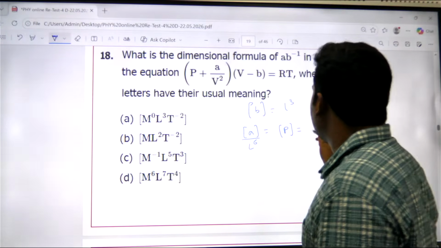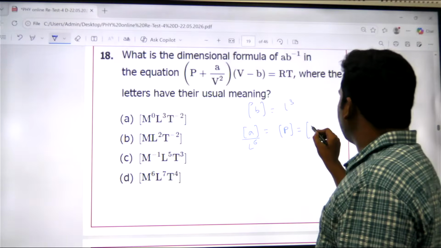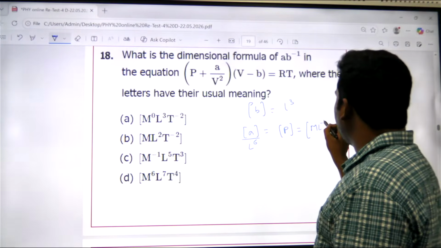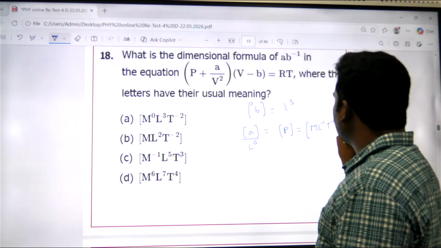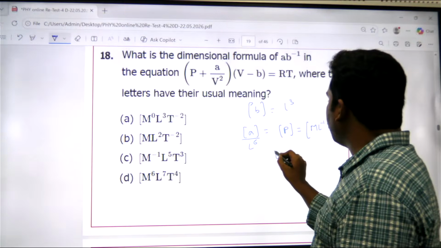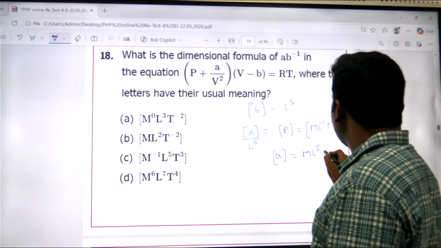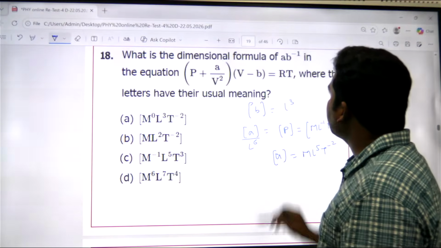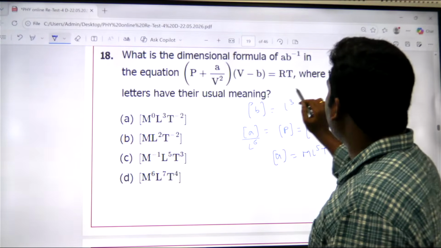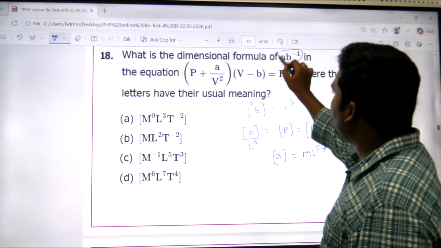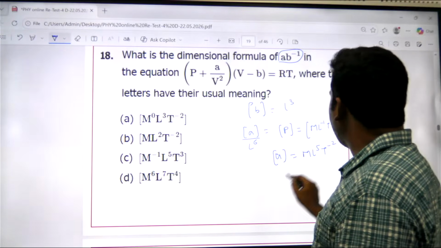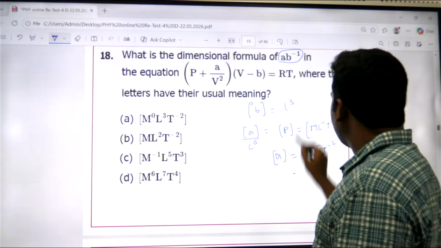which is M L power minus 1 into T power minus 2. So the dimensional formula for A would be M L power 5 into T power minus 2. What is he asking? He is asking us to find the dimensional formula for A into B power minus 1. B power minus 1 is L power minus 3.